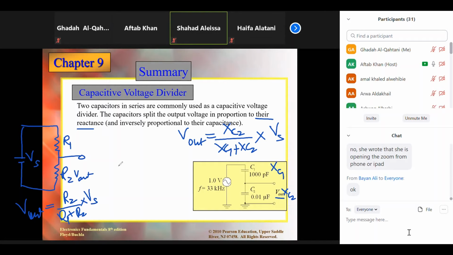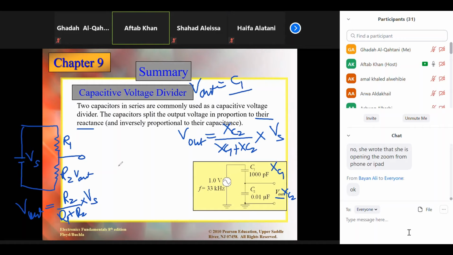Understand this point? If I know the reactance formulas which you learned earlier, it is going to be the same. But if you want to calculate with the capacitances, the formula is not XC this time.